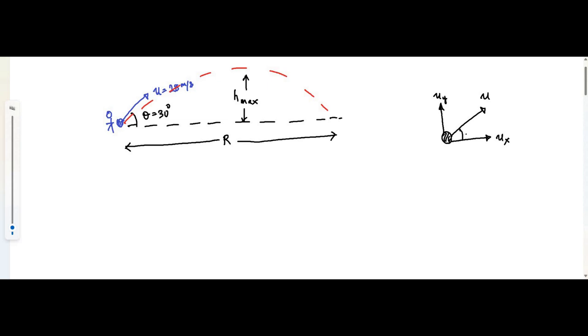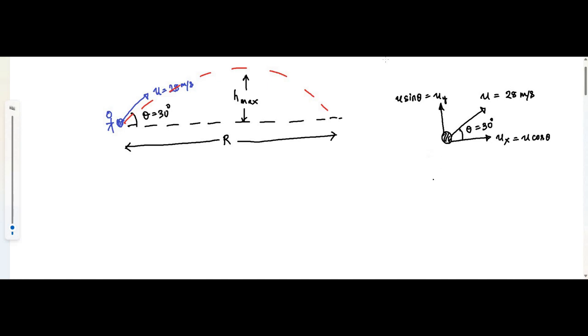This angle is theta, so obviously the horizontal component will be equal to u cos theta, and the vertical component will be equal to u sin theta. Here u is equal to 28 meter per second. Theta is equal to 30 degree.